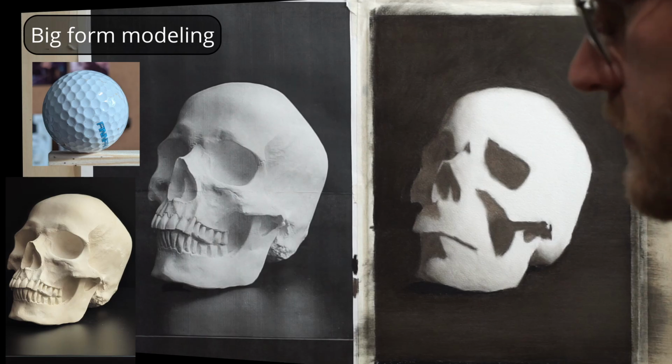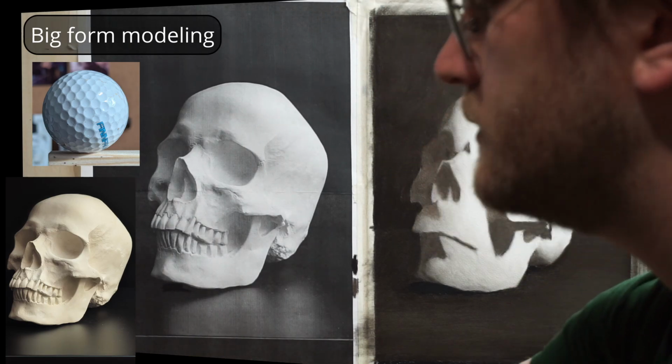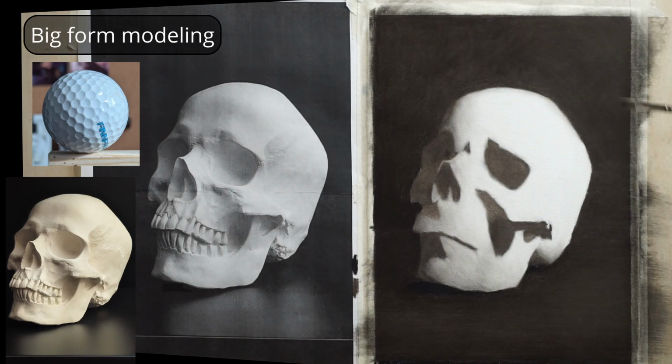So we don't want to leave these things flat. And we don't really mind if we smudge a little bit of the edge of the skull over there with the background. We can always come back and adjust those. There's a saying that it's always easier to make something sharper than softer. And that stands true here. We don't mind if everything is a little bit soft as long as there's some kind of drawing still happening.